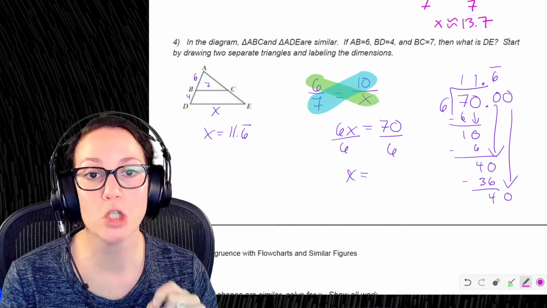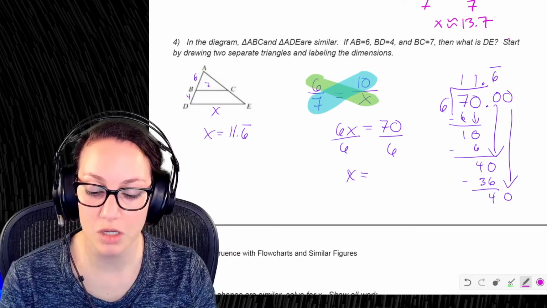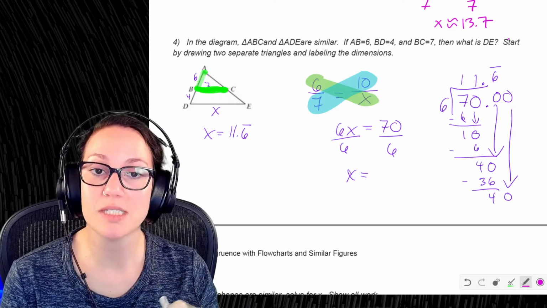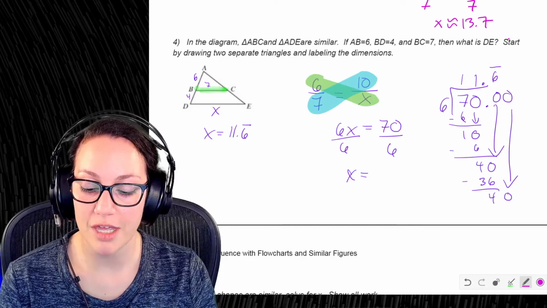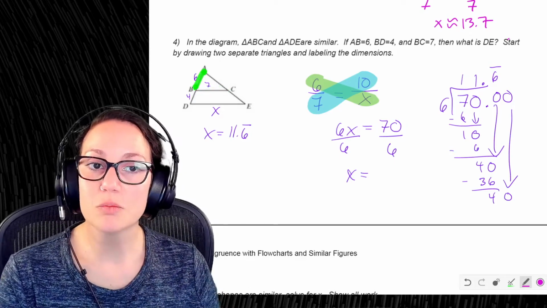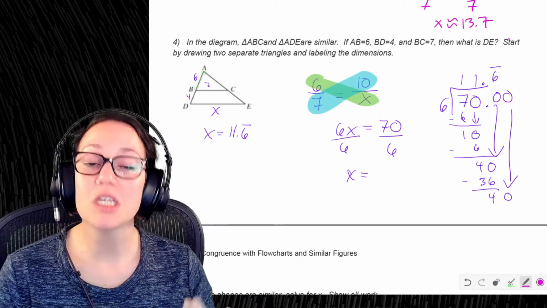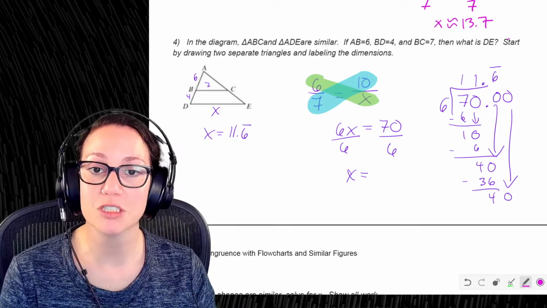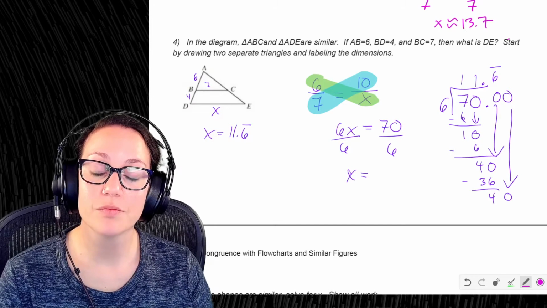If we look at our small triangle where they gave us both of the sides, we had a 6 and then a 7. And so our base was, again, just a little bit bigger than our side. So that's a reasonable relationship to have. So we can feel confident that we've set up our similar triangles and our proportions correctly and have a correct answer.